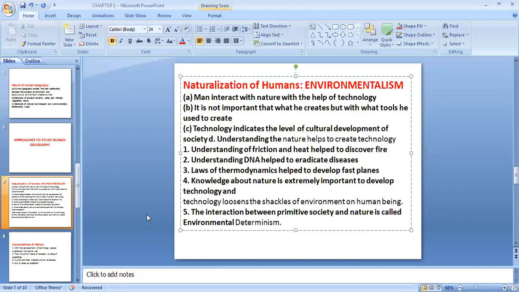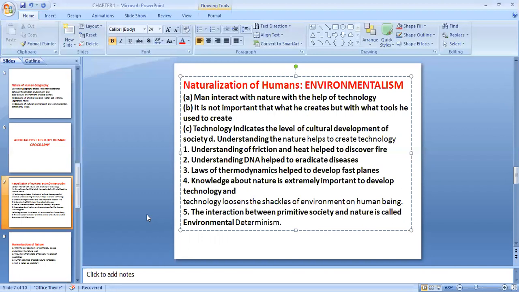Why is it different? Those places have an environment suitable for producing wheat, and our places were mainly favorable for producing rice. So this difference depends upon the environment.